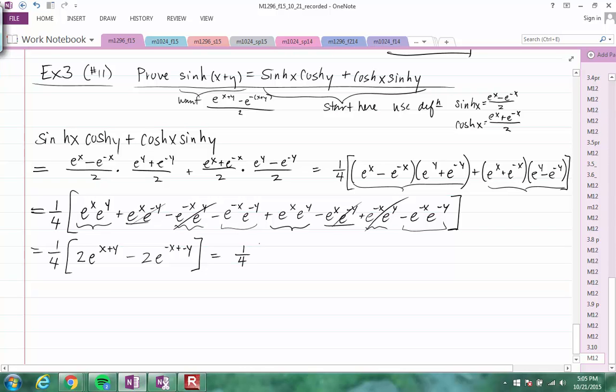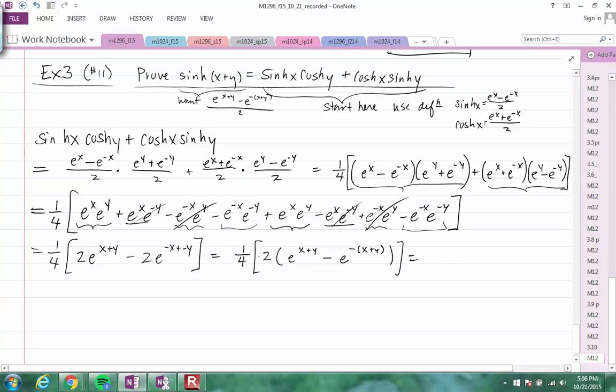So notice something. That's why that was 1/4, because we can factor out a 2 here. And we're going to get our 1/2 after all. e to the x plus y looks really good. Let's just write this as minus e, factor out a negative up top, x plus y, almost there.